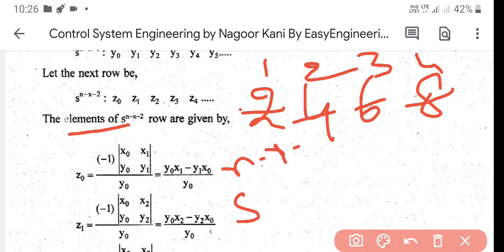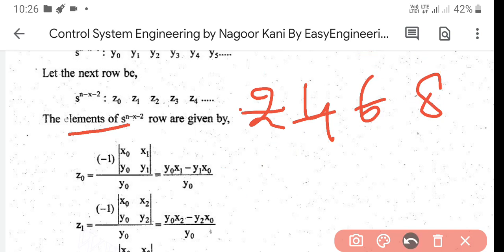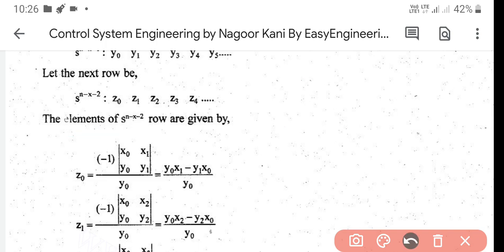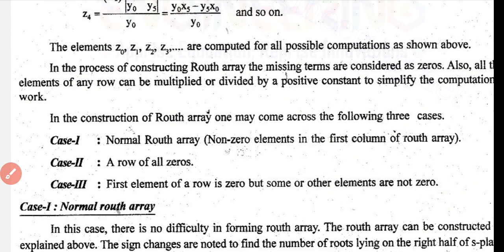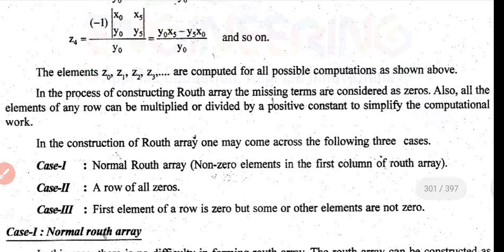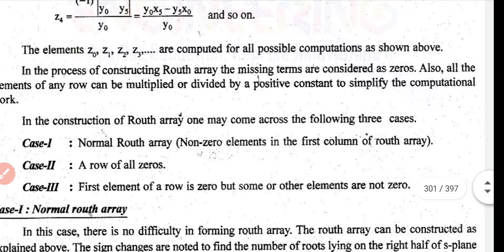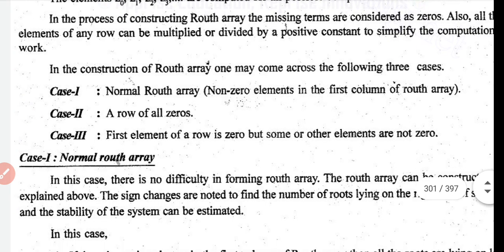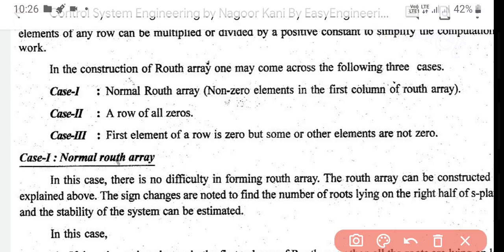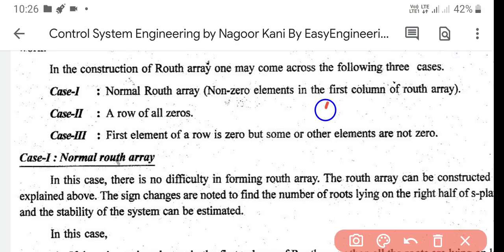There itself you can simplify the elements. That is, any row can be multiplied or divided by a positive constant for the simplification of the process. This point has to be remembered, all of you, for constructing the row array. Now, after the construction of the row array, you will have three cases.